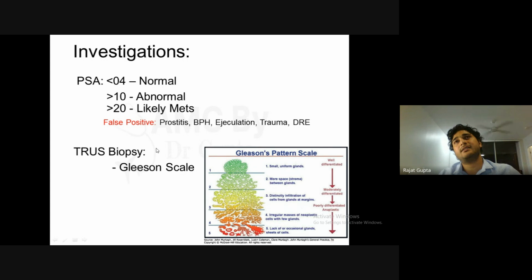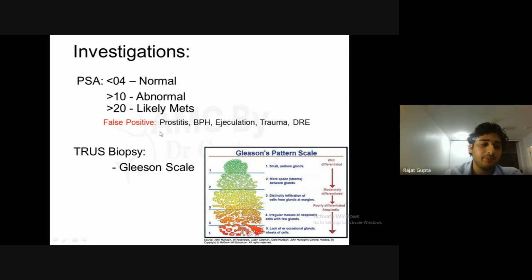In cases where it is between 4 to 10, it's most of the times BPH, but there are like 20 to 25% cases in which there can be cancer, but above 10 we suspect cancer. We also go for bone scan if the PSA values are high, because there are high chances of metastasis to bones. And bone scan and ALP can give us some idea that there is any bony metastasis.